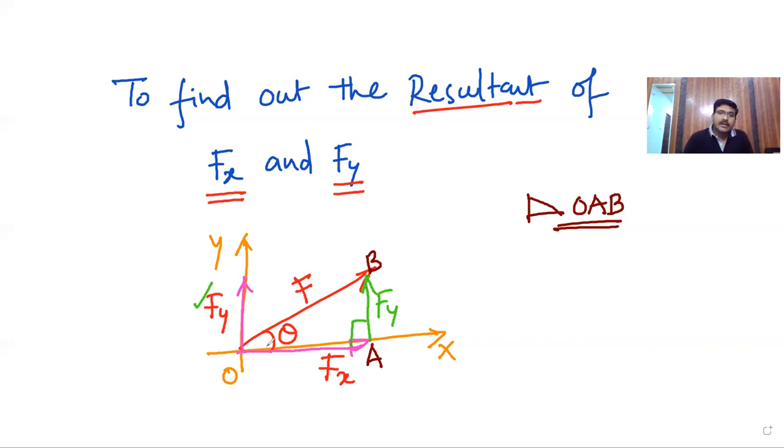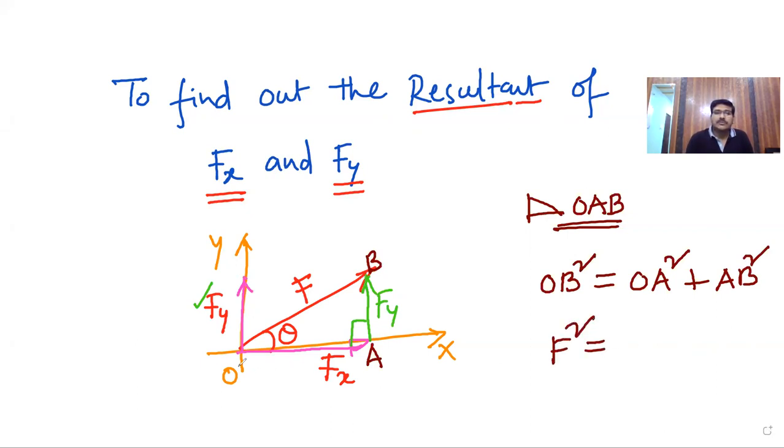In the right angle triangle, I am interested to find out OB. According to the Pythagoras theorem, what is the simple concept? Base square plus height square is equal to the hypotenuse square. That is the principle. So OB square is equal to OA square plus AB square. That is F square is equal to, what is OA?